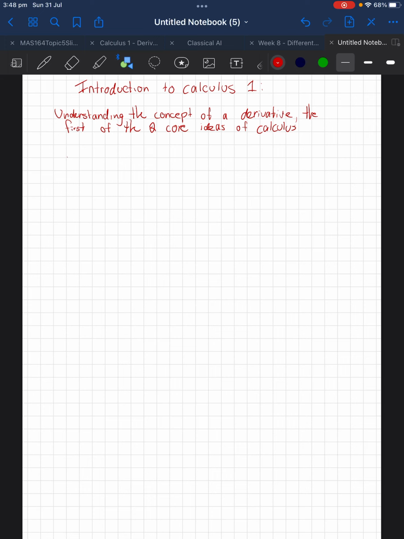In year 9, you would have learnt the idea of a linear function. Now, you would have been given a set of axes, you would have been given a line, and you may have, for example, been given 2 points on that line.